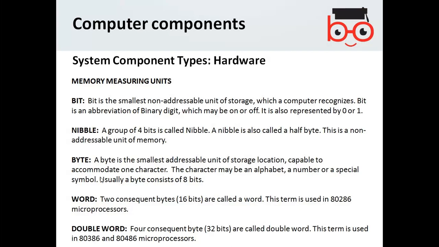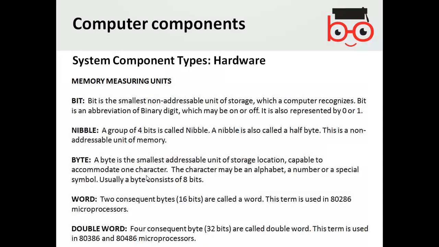Using 8 bits, you can create a combination of 256 numbers, and you can allocate different numbers to different characters. For example, when you type a character, the particular code of that character is transmitted from the keyboard, and it is processed accordingly.